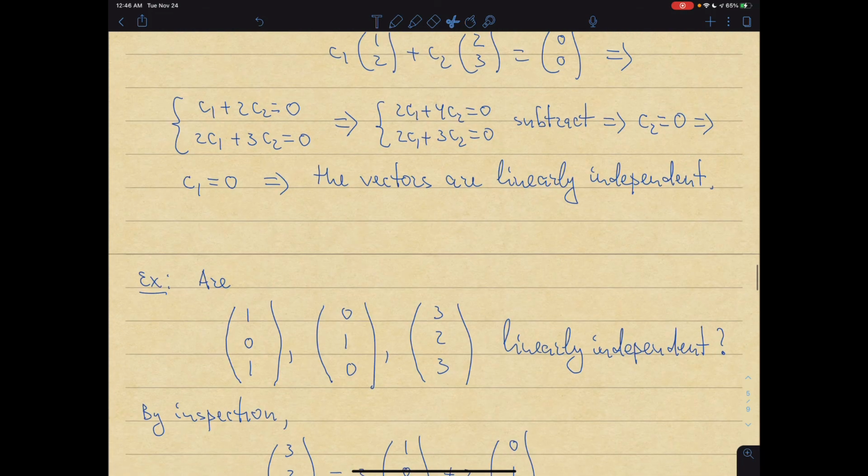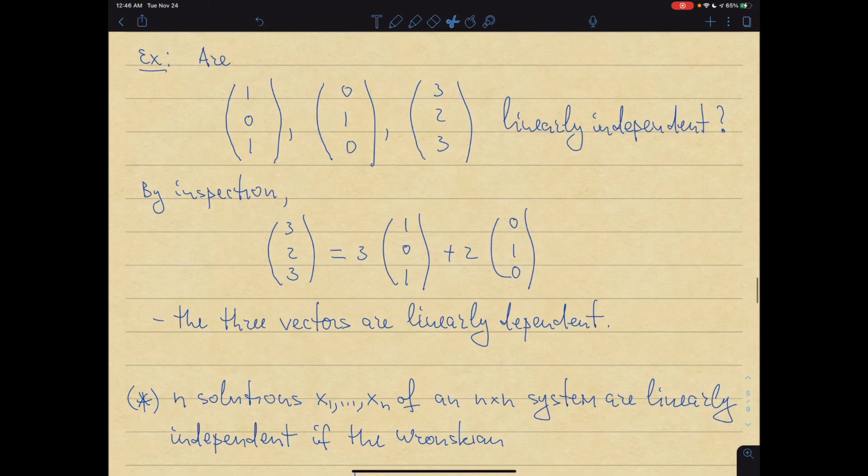We can ask the same question for three vectors in 3D: will those be linearly independent or not? One way to demonstrate it would be to, once again, solve the equation C1 vector 1 plus C2 vector 2 plus C3 vector 3 equal to 0, and show if C1, C2 and C3 are 0 or not.